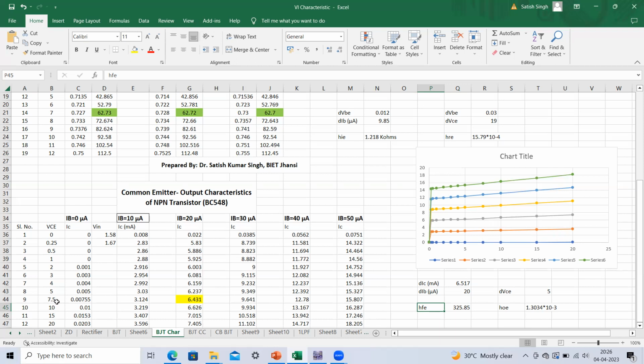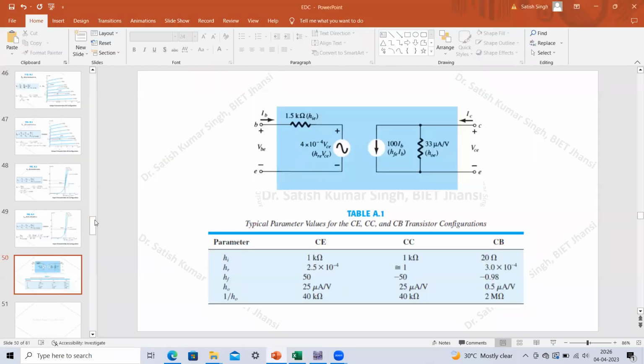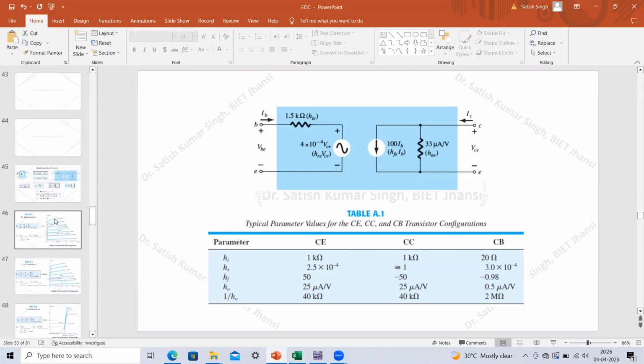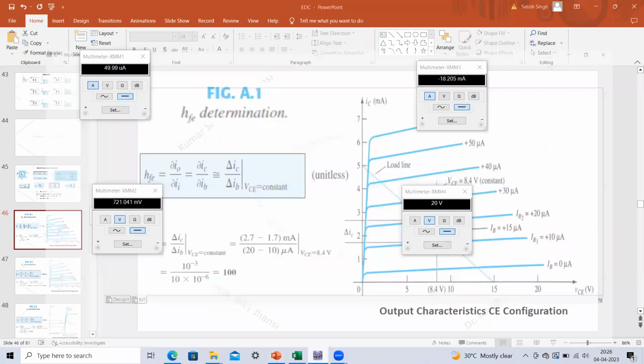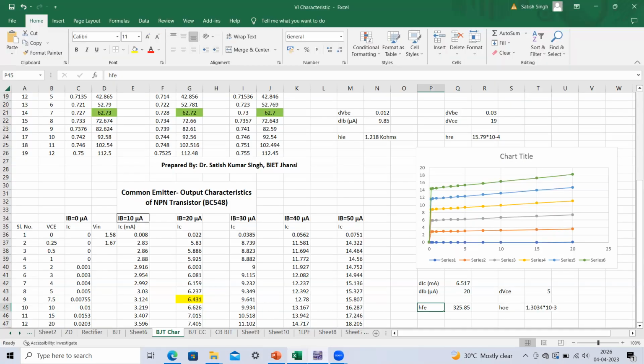Actually, for calculating this, if you see this particular expression of HFE, which we have already seen, we have to take VCE as a constant value. So VCE should be constant.